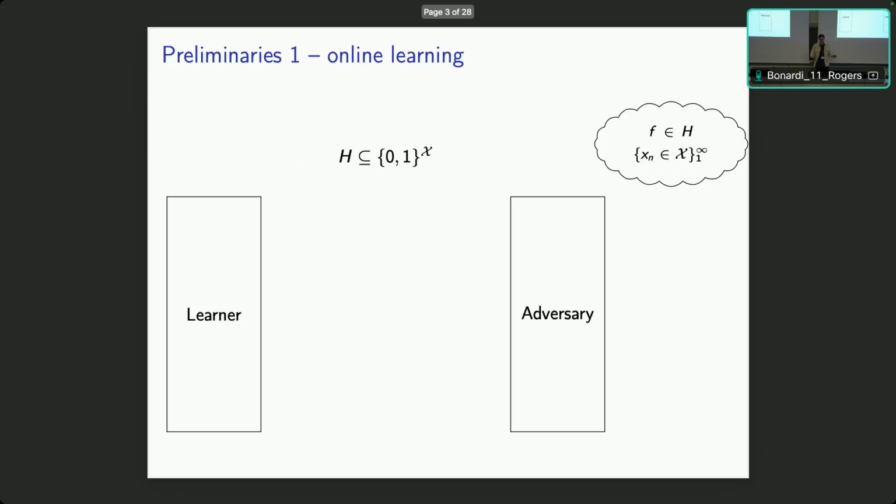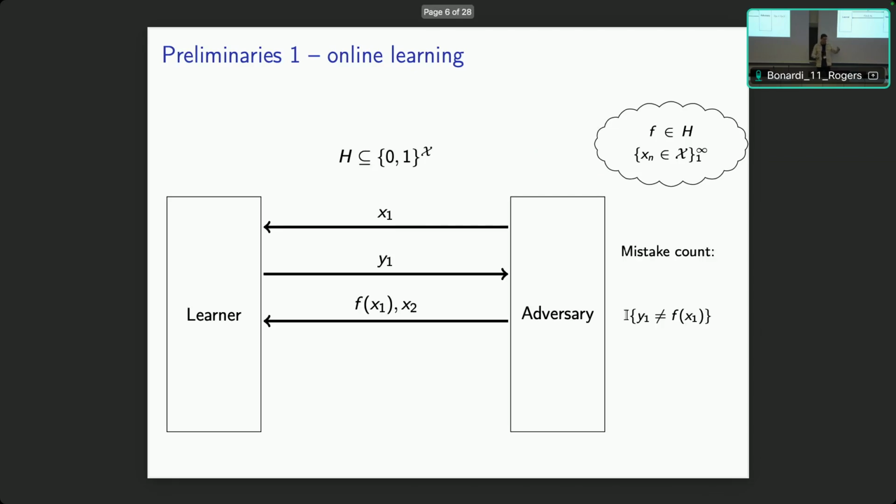At the start of the game, an adversary thinks of a function in H, which is the true labeling function, and then a sequence of unlabeled data points, unbeknownst to the learner. The way the game actually goes is that the adversary feeds an unlabeled data point to the learner. The learner responds with a predicted label for that data point.